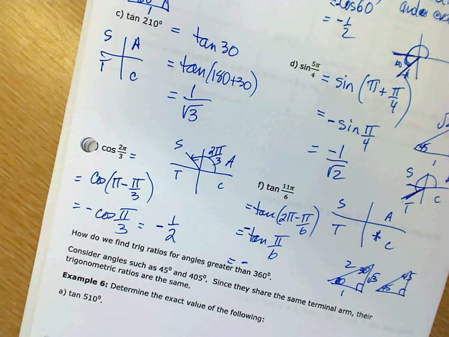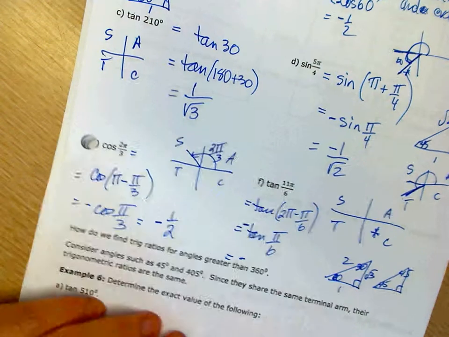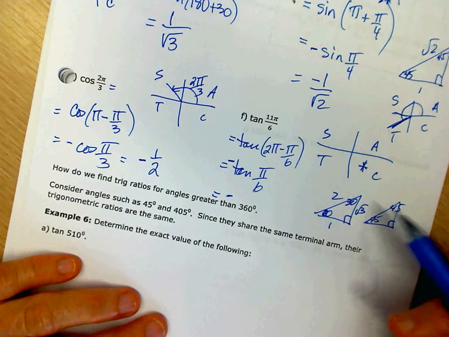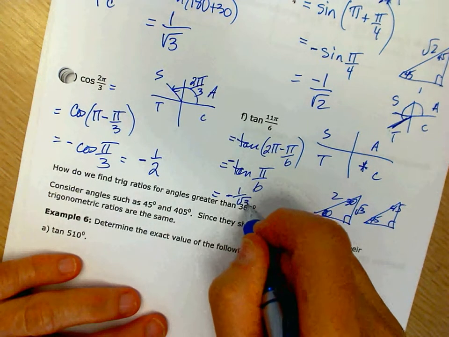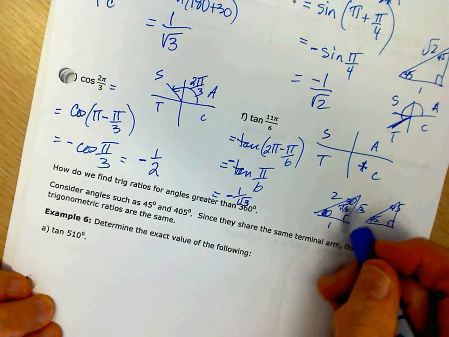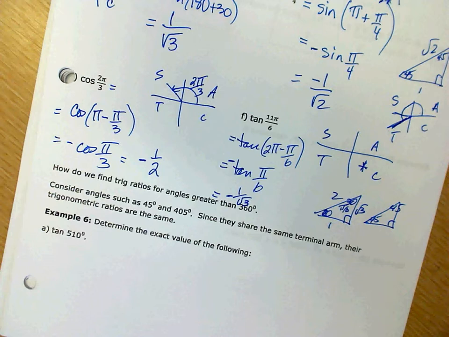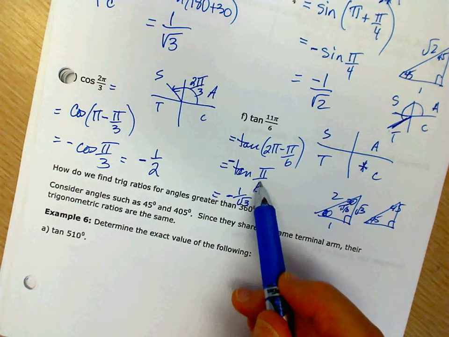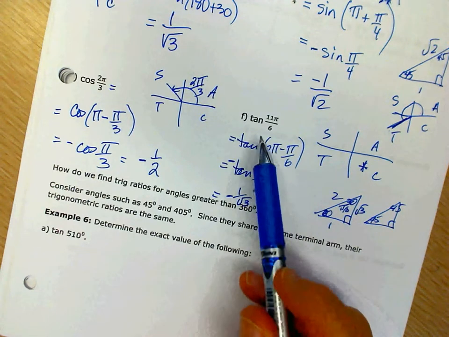Pi by 6 is equivalent to 30 degrees, so opposite over adjacent, 1 over root 3. Just take 180 divided by 6. But this has to be in radians. You can't use degrees here. If it's a function of its related acute angle and the question is in radians, the answer has to be in radians. We'll call it a day. How's that?